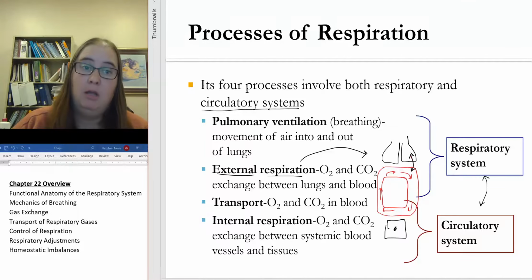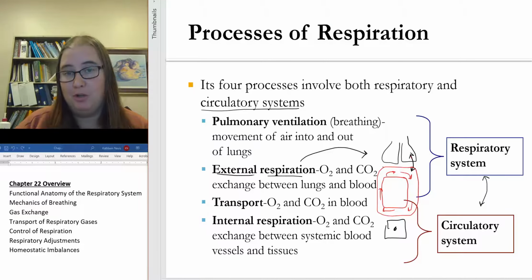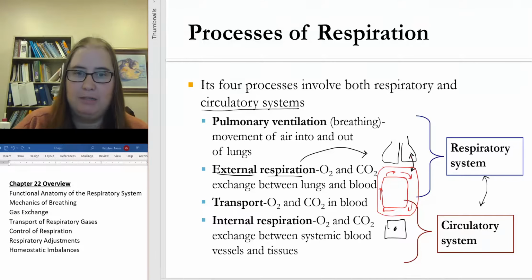Now, in terms of the respiratory system, we kind of now return and rely on the circulatory system to carry out the rest of the processes, which is transportation, in which oxygen and CO2 are going to be transported in the blood. And then we're going to rely on the cardiovascular system for internal respiration to occur.